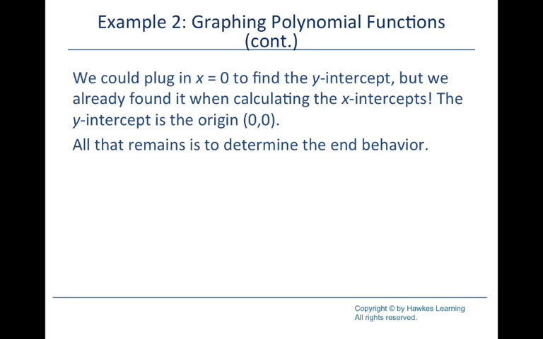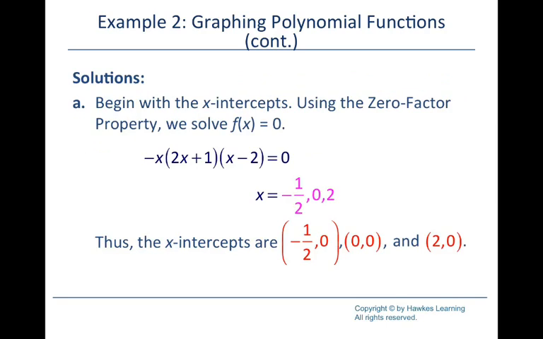So now let's look at the end behavior. What is the highest power of x? Well, look at our x's. Let's multiply. We have negative x times 2x times x. That's going to be negative 2x cubed. If we multiply these first numbers here, that would be our first term.